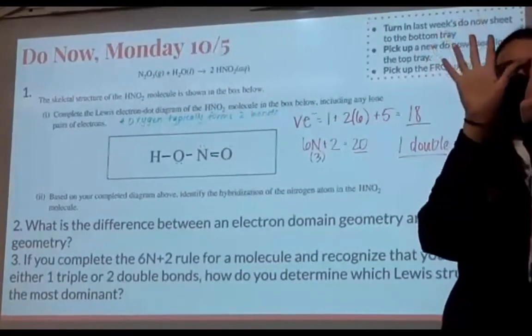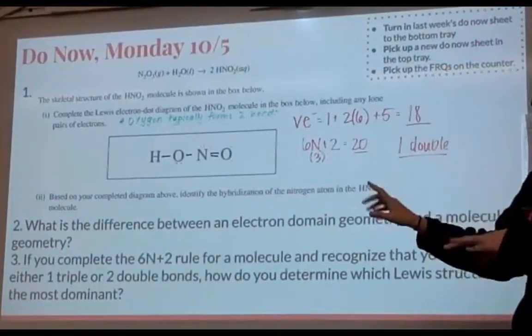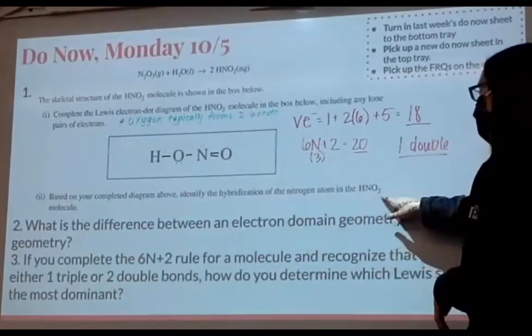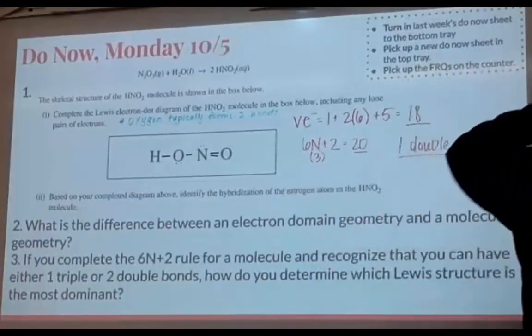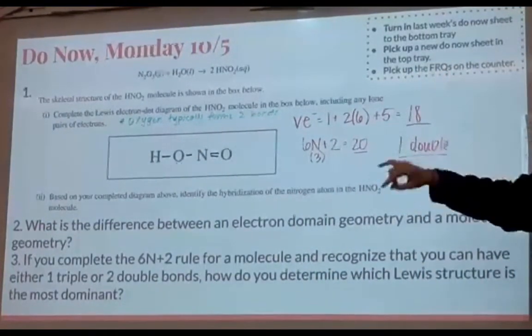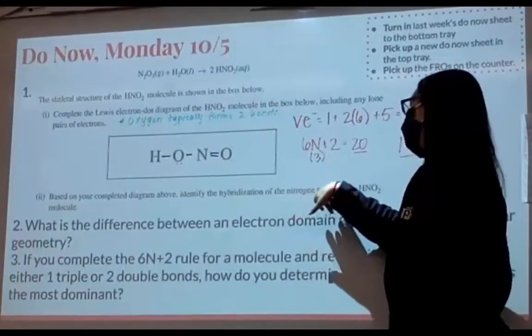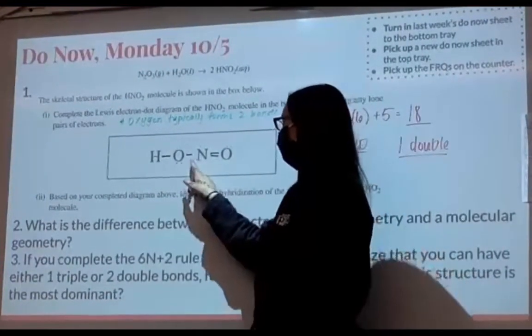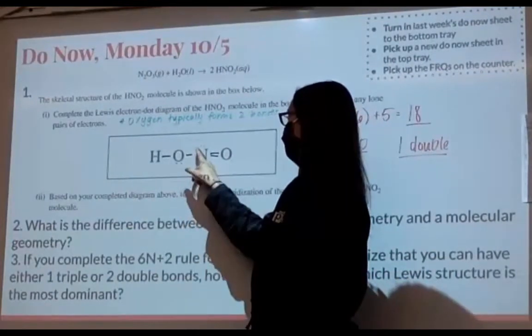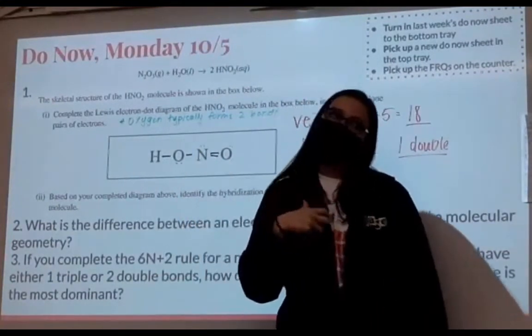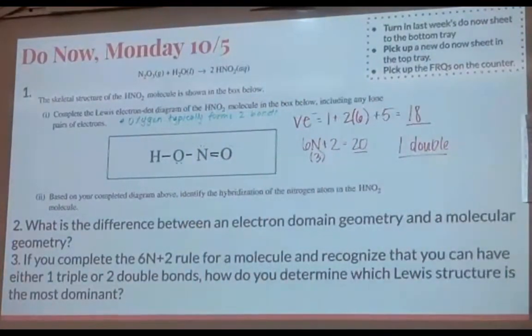So we're going to use that to start. When we look at hybridization, count the areas of electrons around the atom that it's asking about. For the hybridization of the nitrogen atom, there's 1, 2, 3 areas of electrons. Hybridization is based on the electron domain geometry.